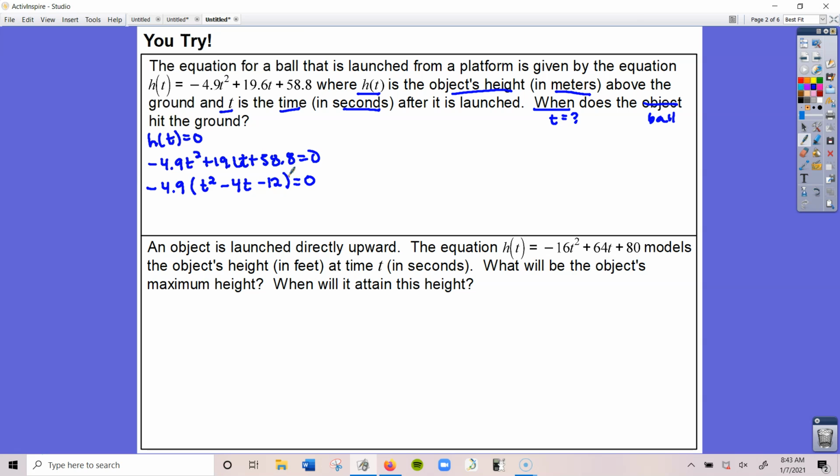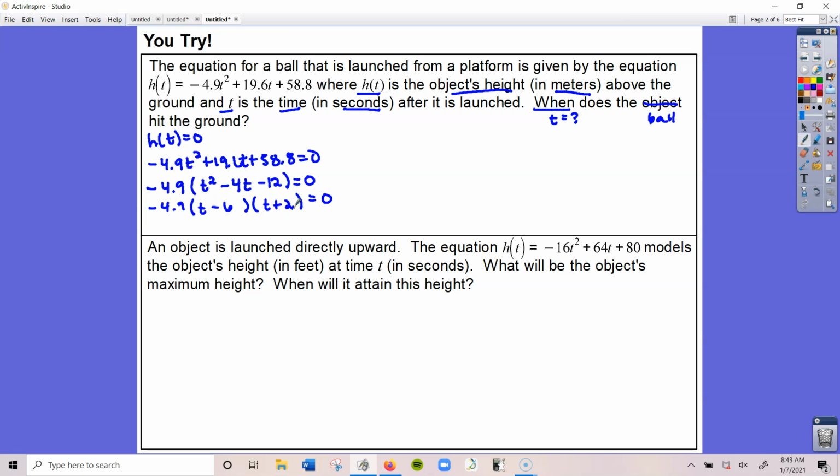And the reason why I did that is because now I have a quadratic equation that can be easily factored. So negative 4.9 and then t squared minus 4t minus 12 can be factored to give you t minus 6 and t plus 2.